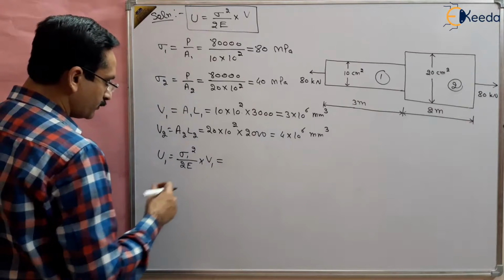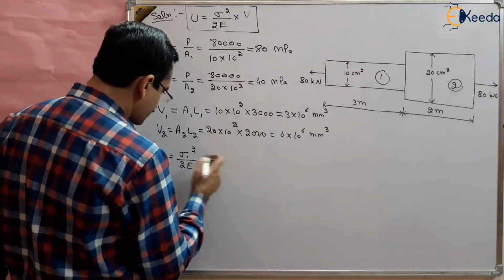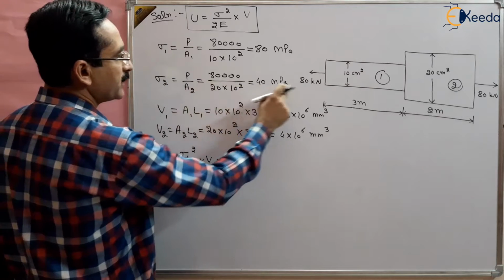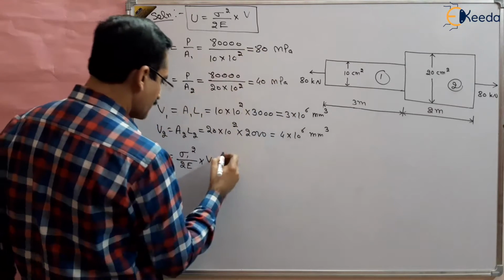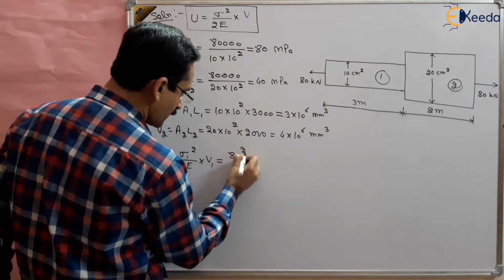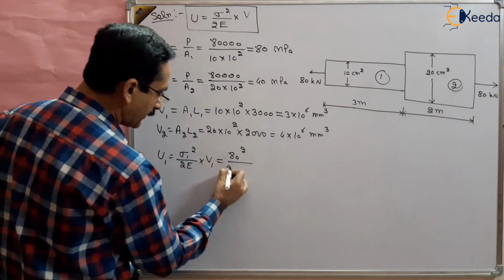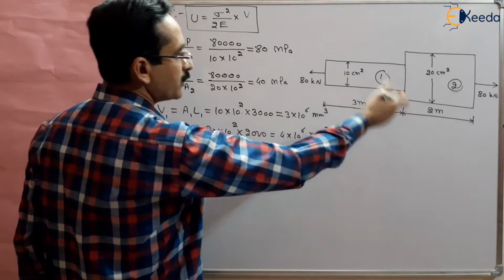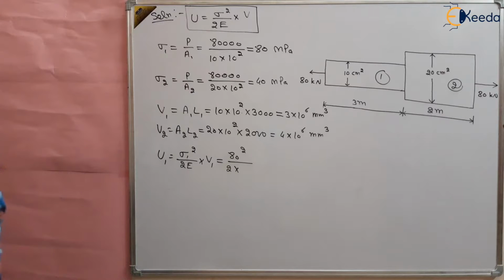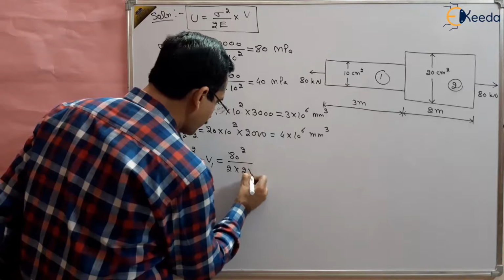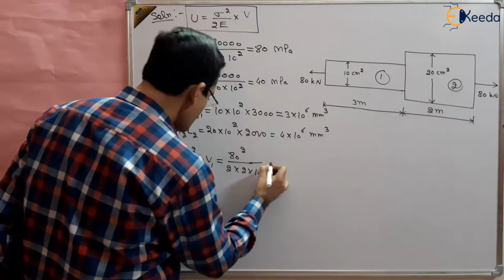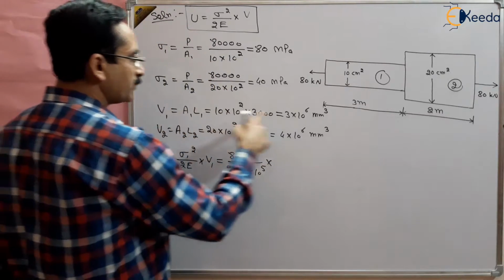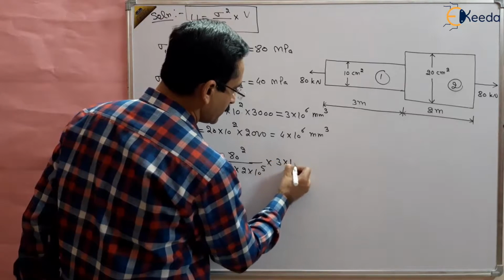So that will be equal to, sigma 1 is 80, so 80 square divided by 2 multiplied by E. E is given to us. Modulus of elasticity of this material is given to us, that is 2 multiplied by 10 power 5 megapascal, multiplied by volume. We have calculated volume as 3 into 10 power 6.